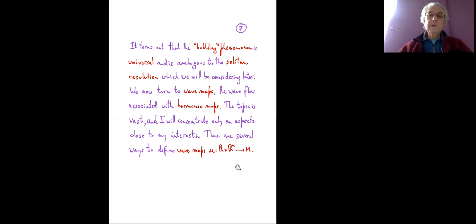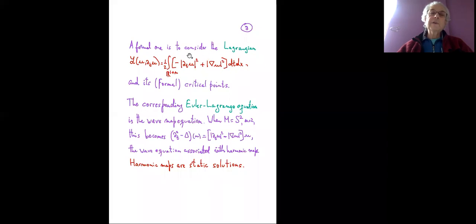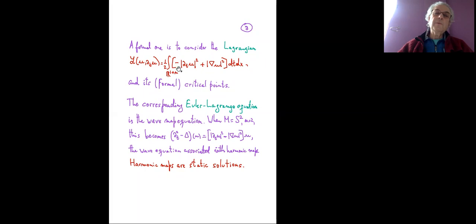There are several ways to define wave maps. A formal one is to consider the Lagrangian L of u, d_t u, where you do minus (d_t u)^2 plus |grad u|^2, and consider the formal critical points. And the corresponding Euler-Lagrange equations are the wave map equations.